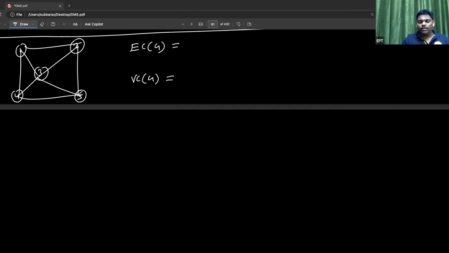How many vertices do I have to delete so that the graph becomes disconnected? I think if I delete this vertex, all will go.